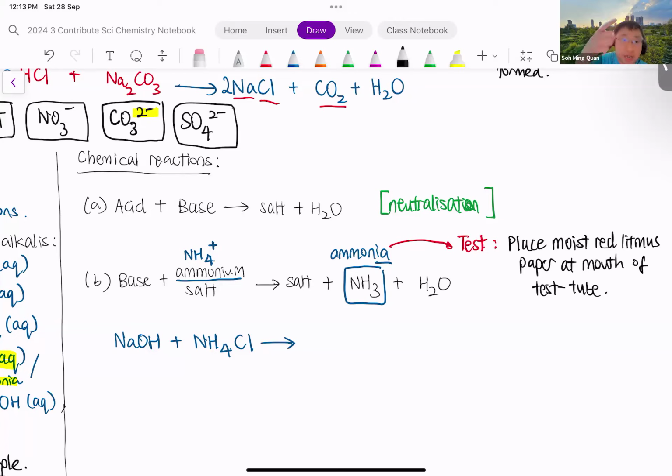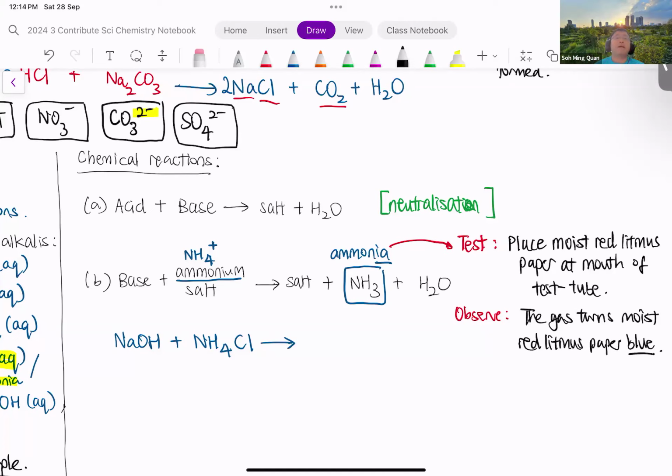It's just at the opening, the mouth of the test tube. And the observation: the gas turns moist red litmus paper blue. This is possible because ammonia is an alkali.